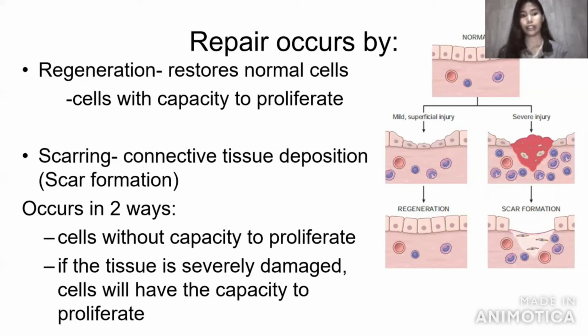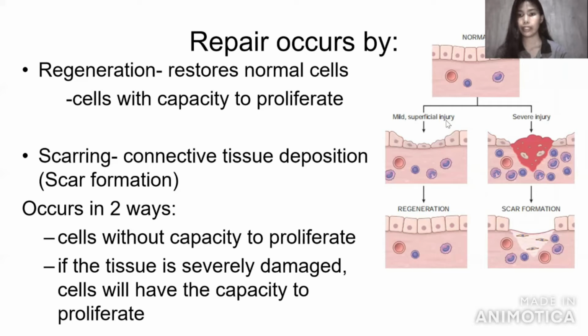Whereas scarring occurs in two ways. First is where cells don't have the capacity to proliferate. The second way is where, even if the tissue has the capacity to proliferate, if that tissue is very severely damaged, then part of the tissue will be replaced by normal cells, but the remaining part will be replaced by connective tissue, and that is scar formation.